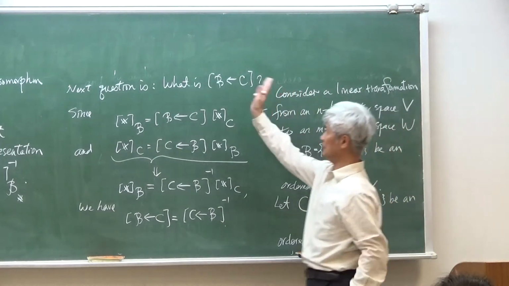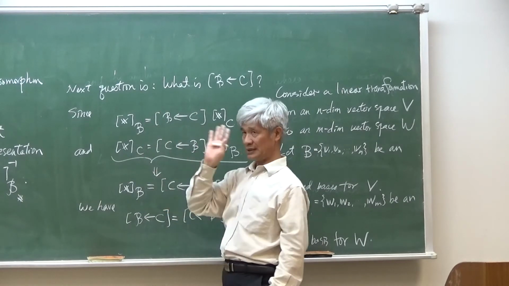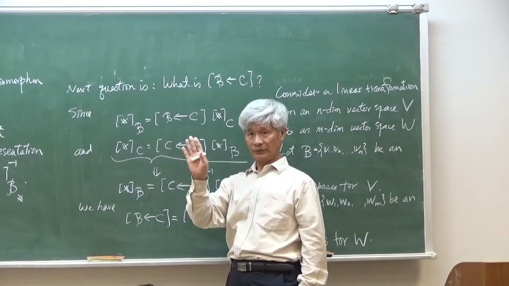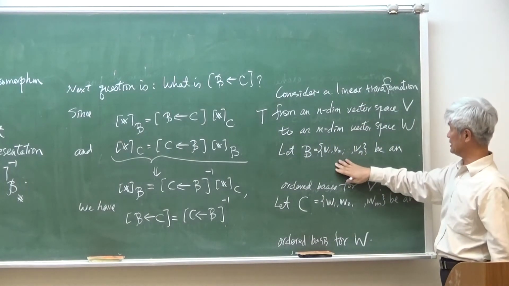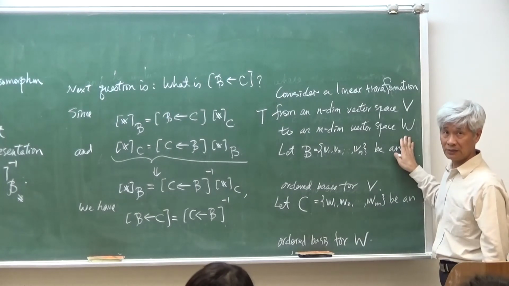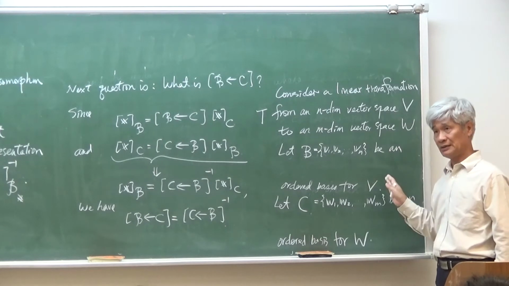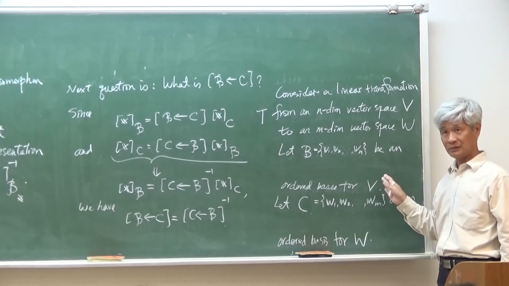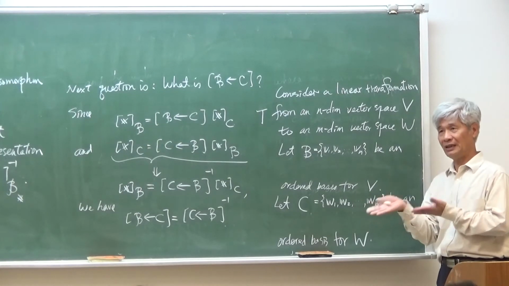Because in here, B and C are two bases for the same vector space V, right? But now I change a little bit. The B basis is for V, and the C basis is for W. So they serve different vector spaces. Is that okay for you? Just change. You turn to the next page, okay?